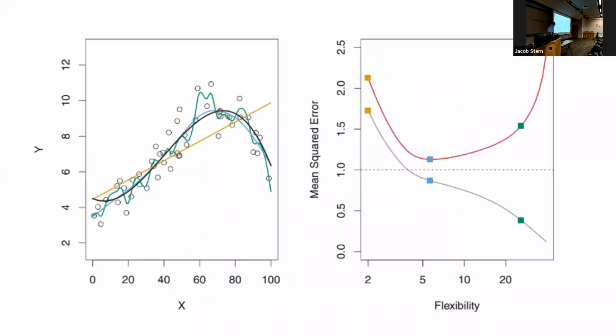Here's another example where we have our training data, and you can see several different possible curves that we could choose to fit this data.